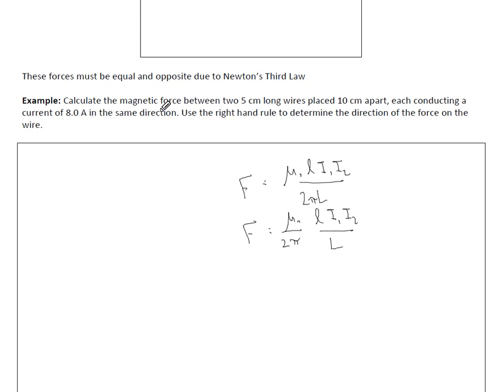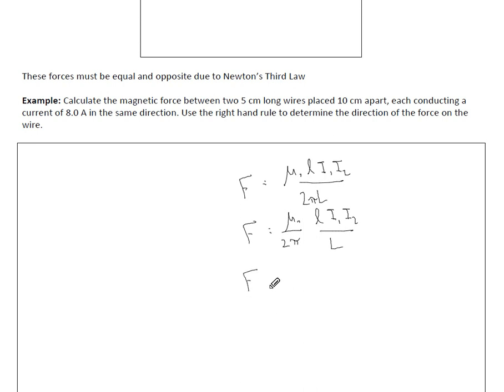It says calculate the magnetic force between two 5 centimeter long wires. So we have to make sure you don't mix up which L is which. One L is going to represent the length of the wires within the field. The other L is going to represent how far apart they are.